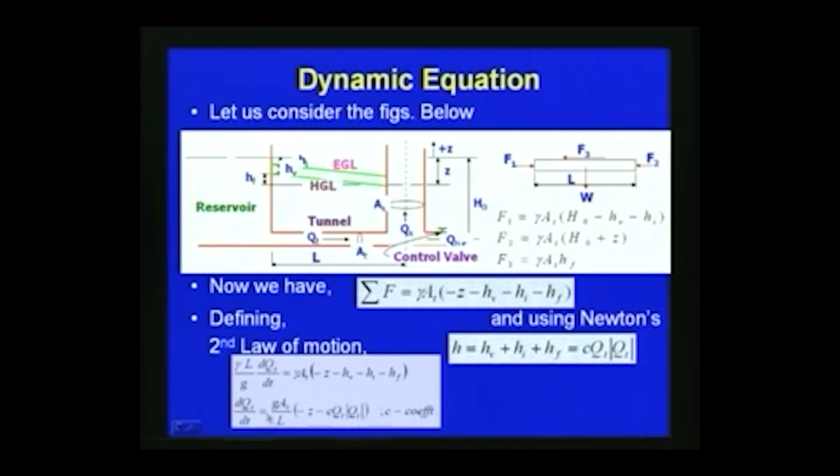Finally we can write this relationship as dQt by dt is equal to g AT by L into minus Z minus C Qt into modulus Qt, to take care of the direction of flow, where C is a coefficient. Here Qt is the discharge through the tunnel, AT is the cross section area of the tunnel, L is the length we consider from here to here, C is the coefficient, and Z is the datum, the head difference here with respect to this.